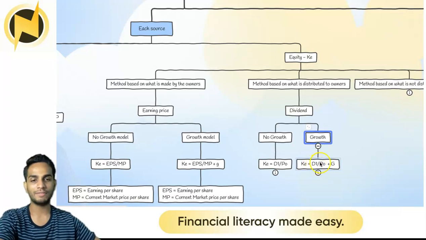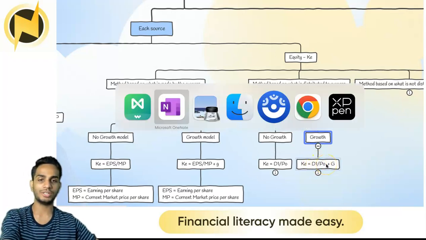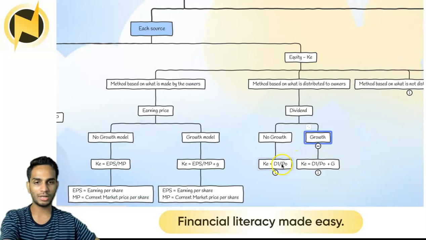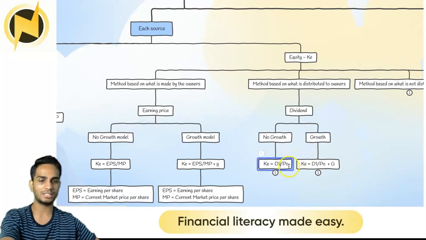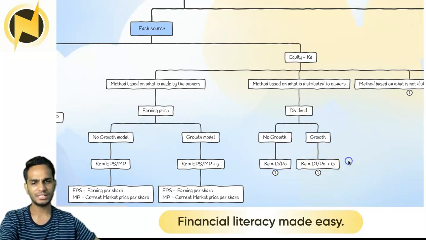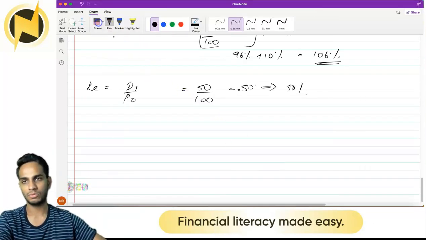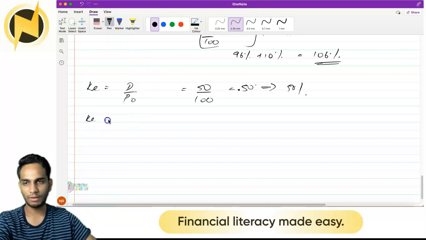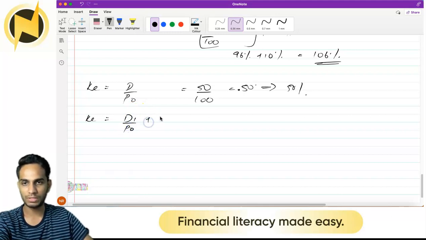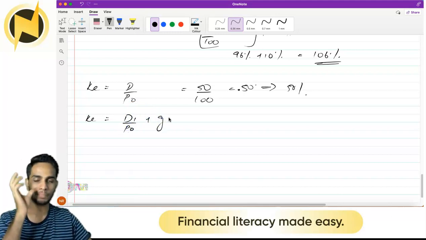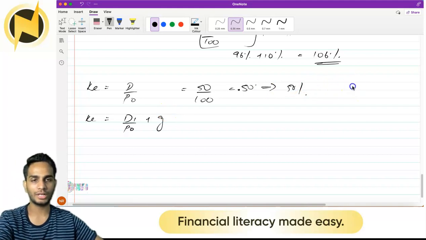The formula will be D1 divided by P0 plus G. So since in no growth model dividend does not change, let's not have it as D1, let's just simply have it as D. Strike off this as well. And in the growth model, the change in formula will be, instead of D, it will be D1 divided by P0 plus G. Say the company is expecting a growth rate of 10%.